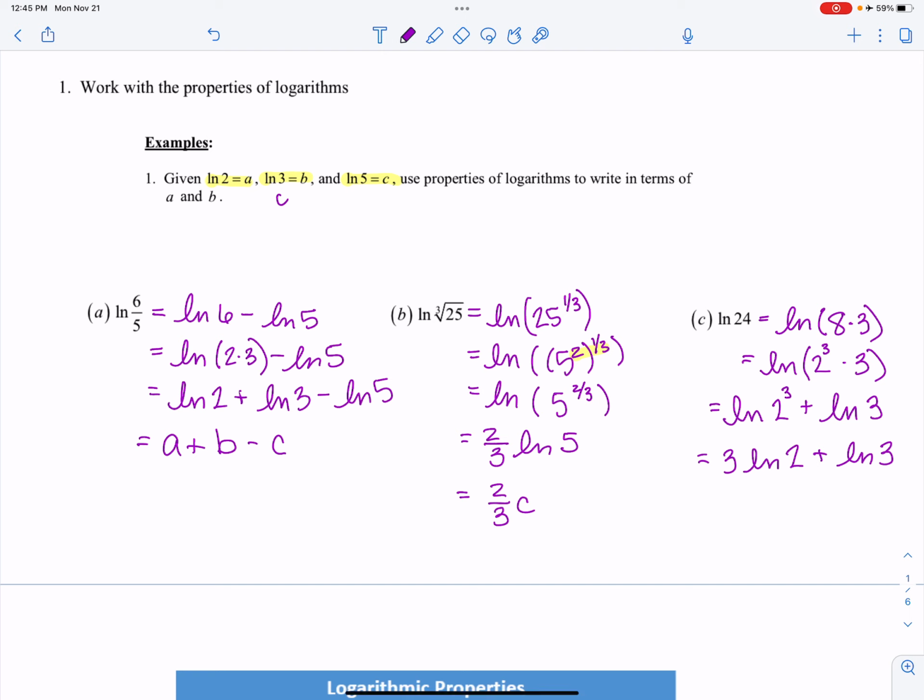And now I think we're ready. We're in terms of 2's and 3's. So 3 natural log of 2 is represented by an A, and natural log of 3 is represented by a B. And there we go, we've got it. Awesome job.